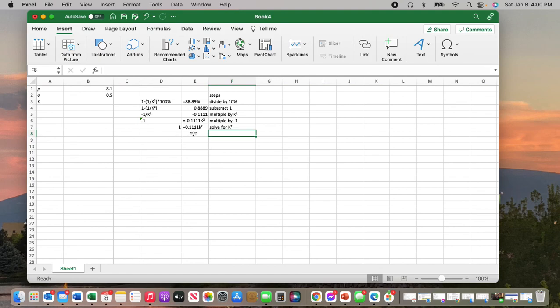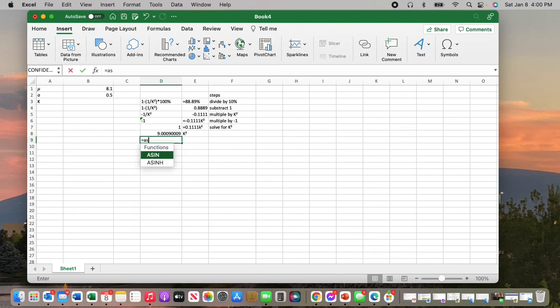And to do that, we are going to divide. So 1 divided by 0.111 is going to equal k squared. Okay, and now what we need to do is take the square root.